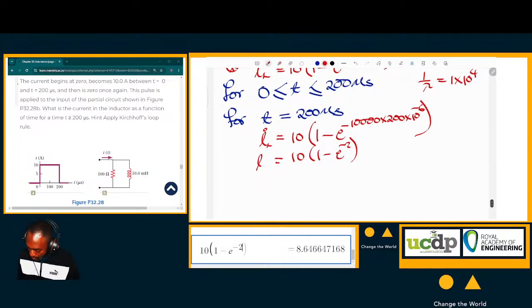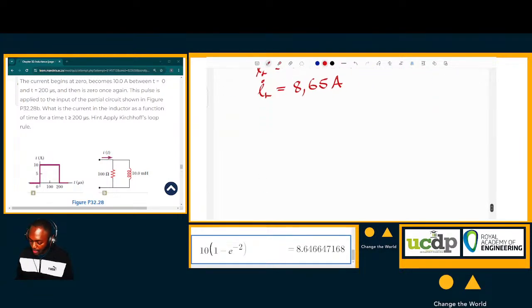Which means that our current through the inductor at 200 microseconds is 8.65 amps. That's our current at exactly 200 microseconds. But again, this is not what we were being asked. Now we move on to the actual part which we were asked.